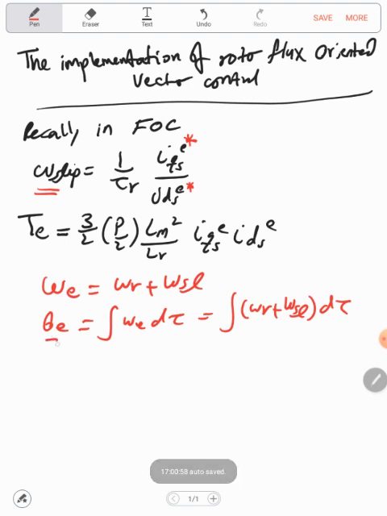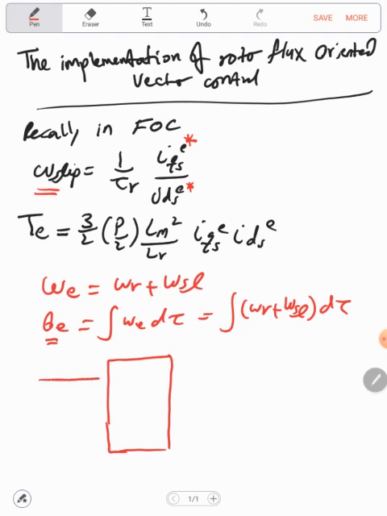So we need this angle in order to do the transformation either from ABC to DQ or from DQ to the ABC.